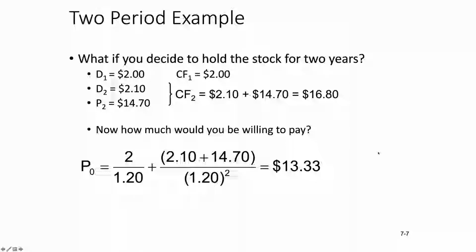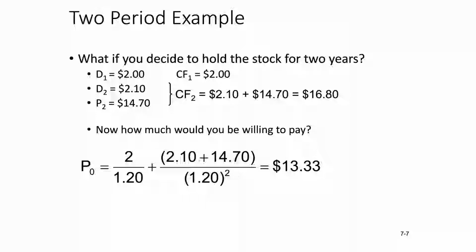Now let's think about, instead of 1 period, let's think of 2 periods. Let's assume this is for 2 years. Now, for 2 years, let's assume the stock dividend will increase. The first year dividend is $2. Second year dividend will be $2.10. Now, assuming that you receive the dividend, the first year dividend paid out to shareholders.